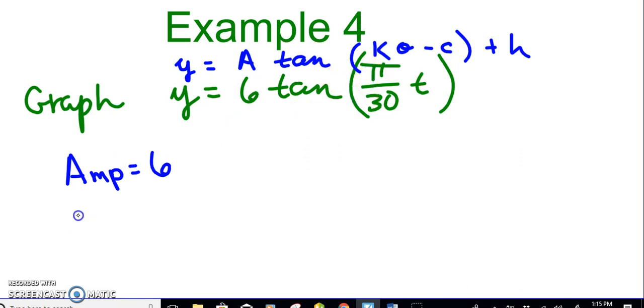But then when it comes to our k, we have pi over 30. And we're like, okay, so pi over 30 is k, so we can just do the regular period and be good with it.